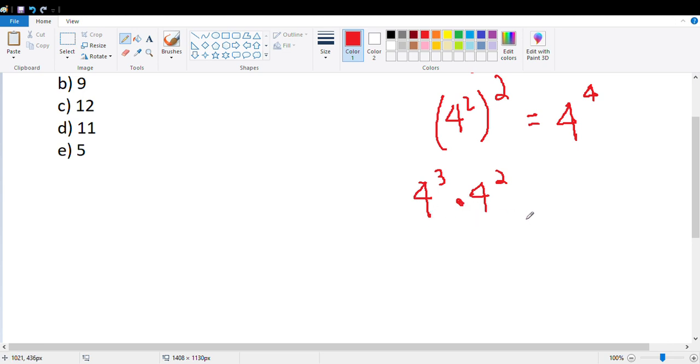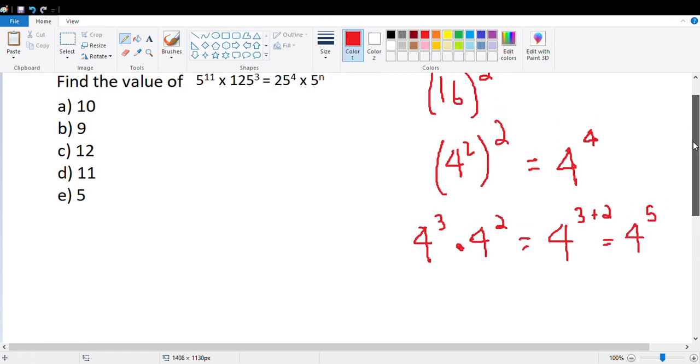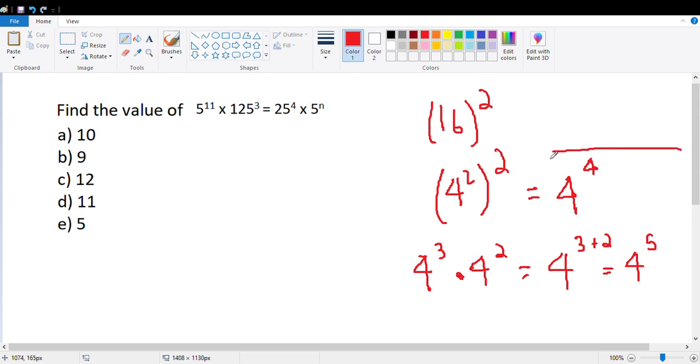When that happens, we can rewrite the common base and add the exponents. So I add 3 plus 2 on the top, which is 5, and this becomes 4 to the 5th power. These are the two predominant rules we're going to use.